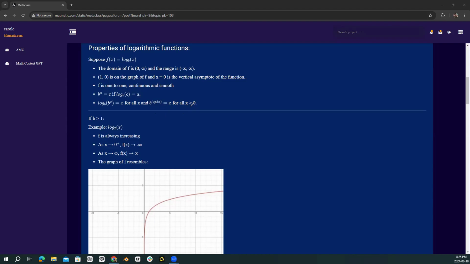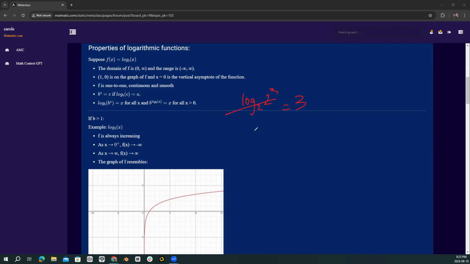This essentially means, let me just give an example. Log base 2 of 2 to the power of 3 is going to equal 3, because these essentially just cancel and we're just left with the 3.